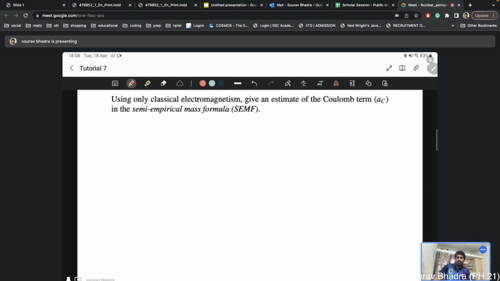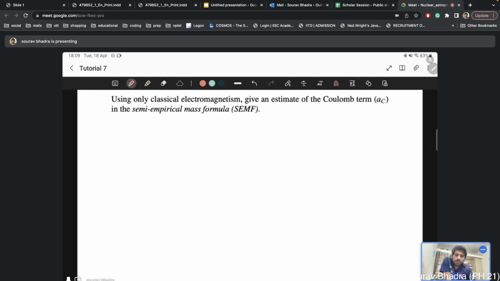The first problem today I have taken is: using only classical electromagnetism, give an estimate of the Coulomb term in the semi-empirical mass formula. So you know that semi-empirical mass formula which I wrote in the last class.